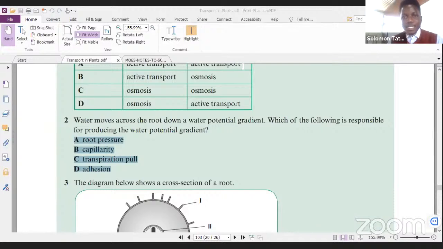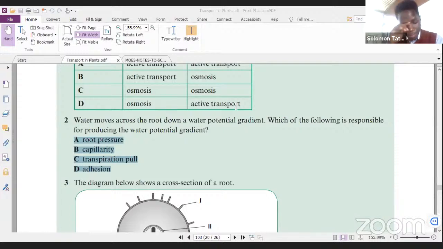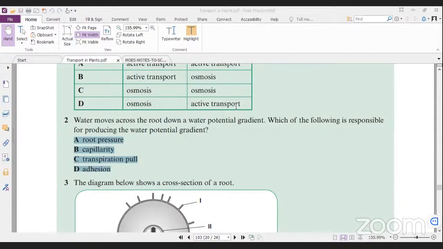Yes, please. Anyone who has looked at this would love to try? Saku, would you like to try? I think when water is lost to the atmosphere through transpiration, then the water travels, creating the water potential gradient.